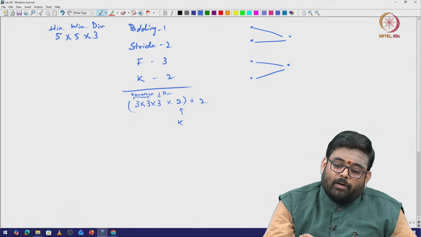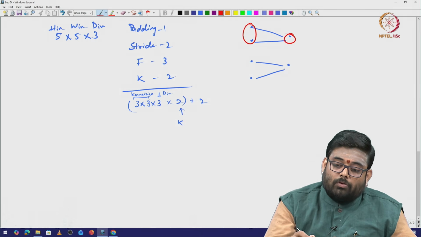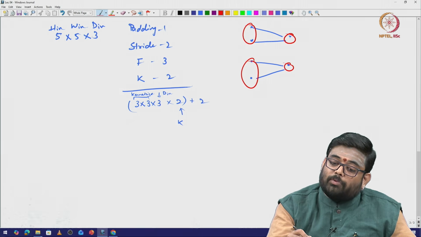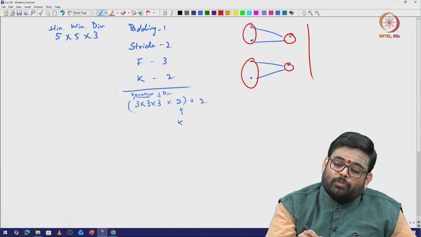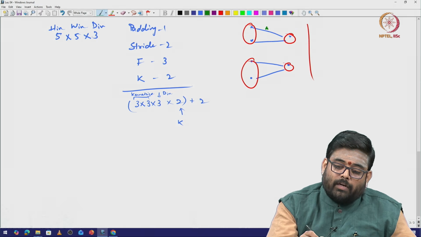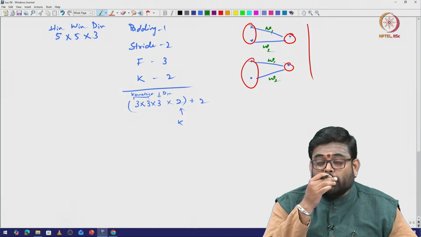Now this is the idea of local receptive field. This particular neuron is only looking at these 2 locally, and this is only looking at these 2. This is the idea of local receptive fields. On the other hand, if you say that the weight here is the same as this weight, and this weight is the same as this weight, this is what is known as weight sharing.